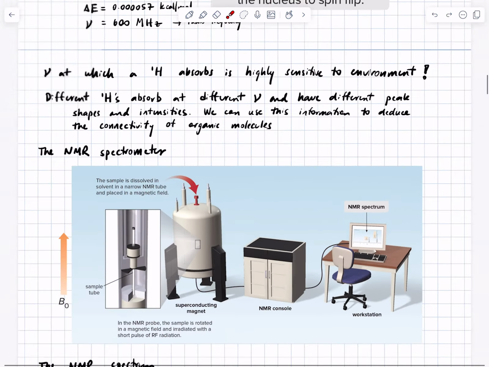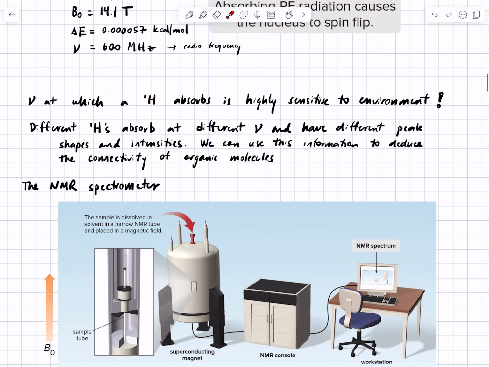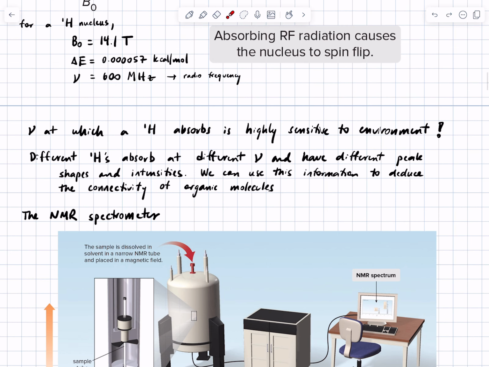And these range in size. As I said, the spectrometers we have in our department, the field is strong enough so that the frequency that most protons absorb near is around 600 megahertz. There are early spectrometers that were only 60 megahertz. There are some that are 300.